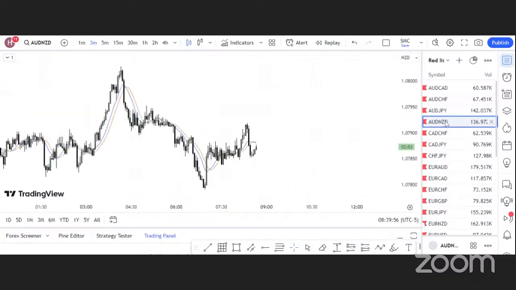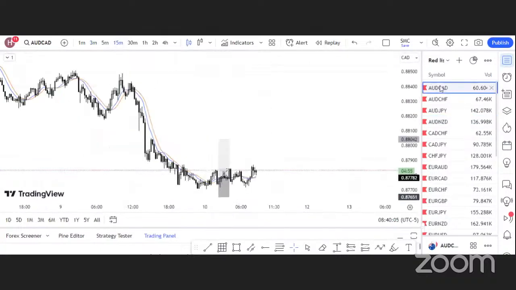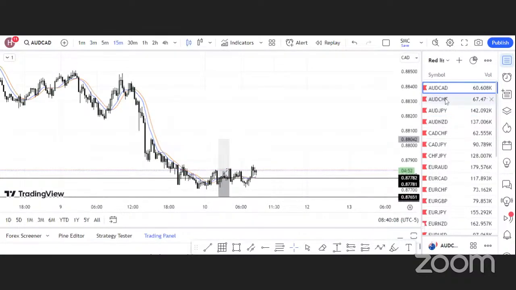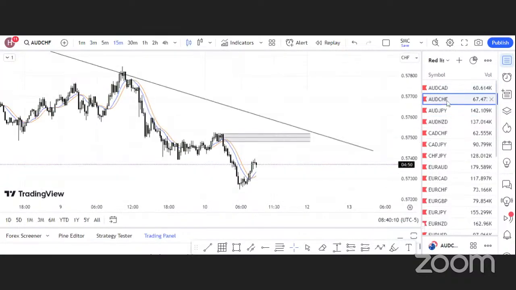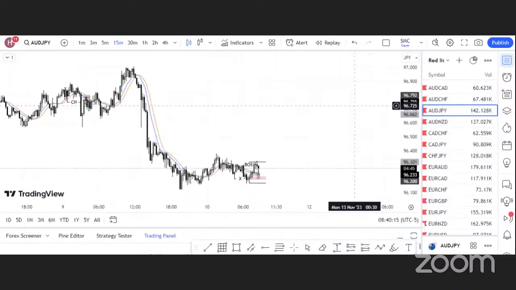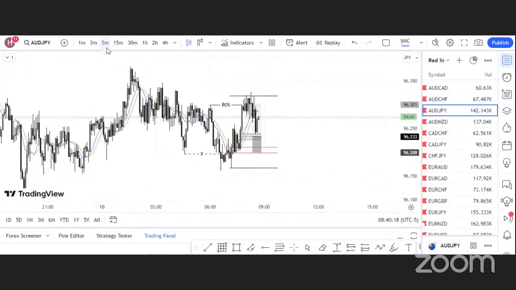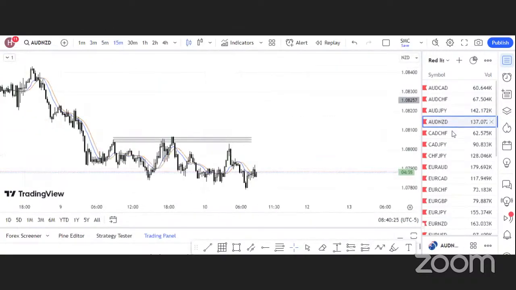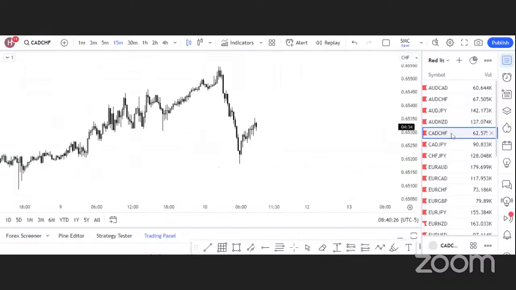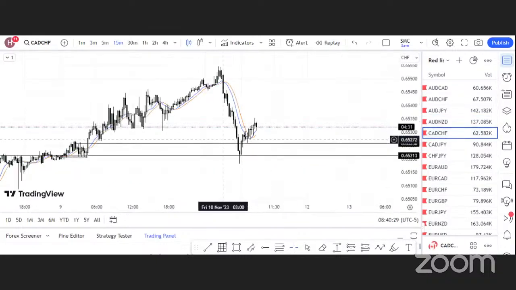So let's look for another entry opportunity. Okay, let's look for another opportunity since that didn't work well as we'd thought initially. Okay. So let's look for another opportunity here. All right, guys, go to CADCHF.